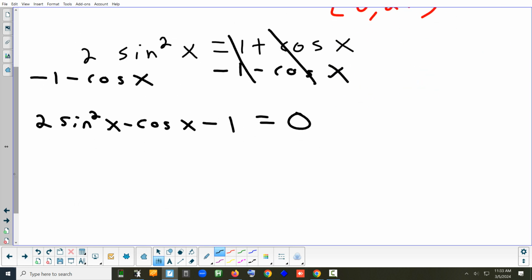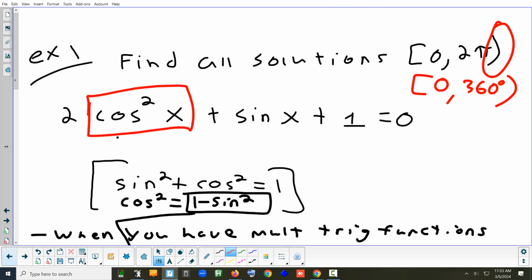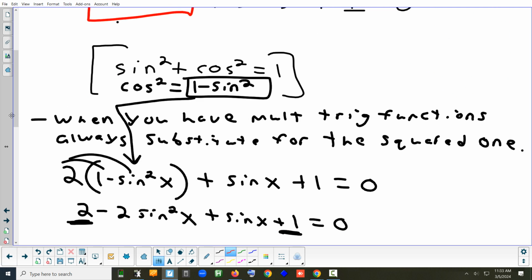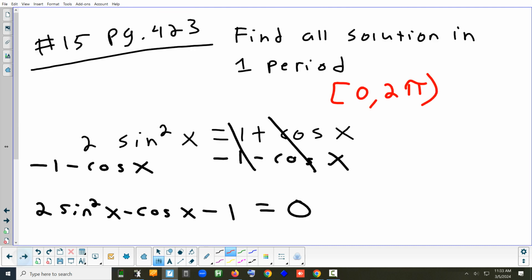Okay, so first thing, we have 2 different trig functions. Which one are we going to substitute for? Yes, always substitute for the trig function that is squared. Okay, always substitute for the squared one.